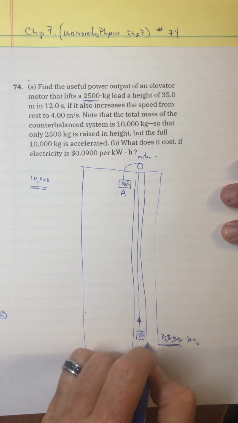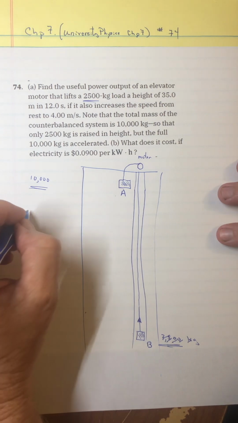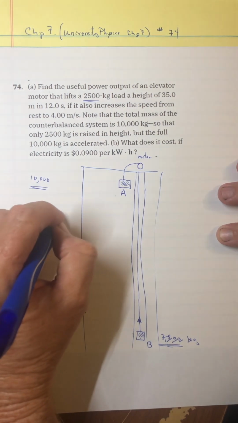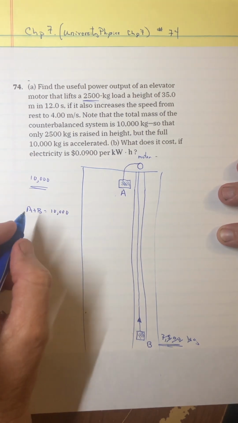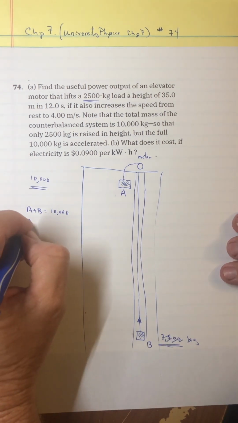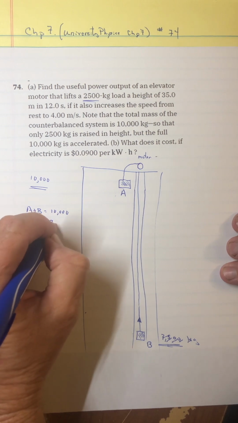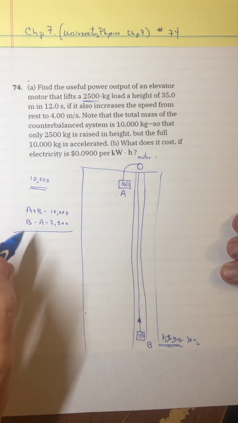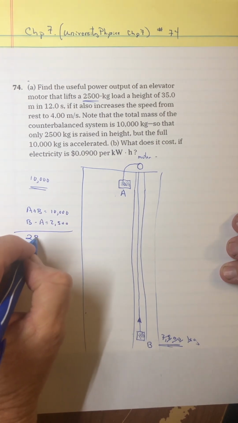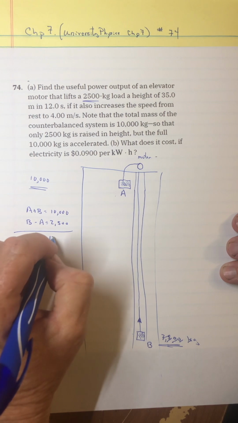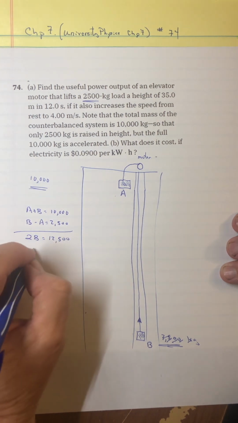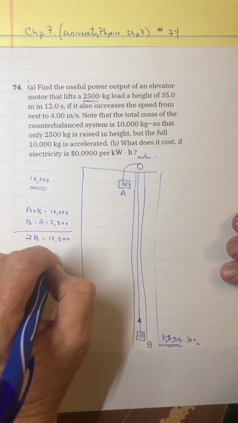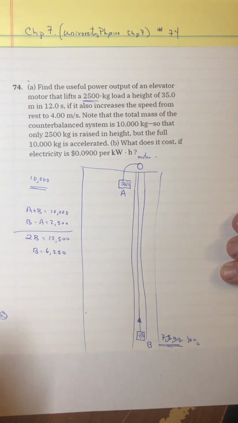If you call that A and that B, you might say A plus B is 10,000. But the heavier one, B minus A, is 2,500. So if we did a little math here, like add these two together, we would get 2B equals 12,500. Cut it in half, and we're at 6,250.